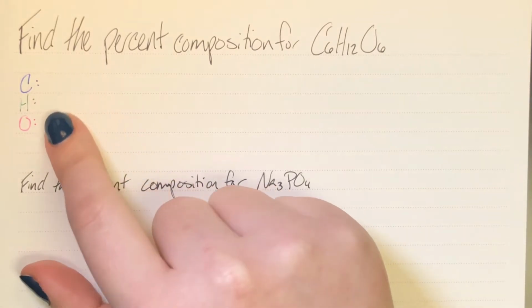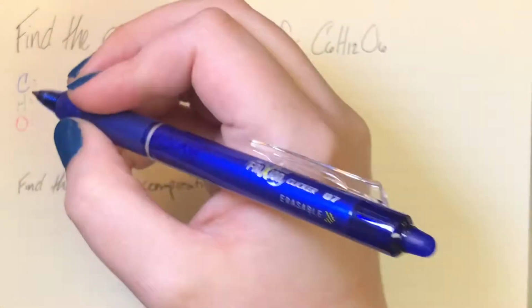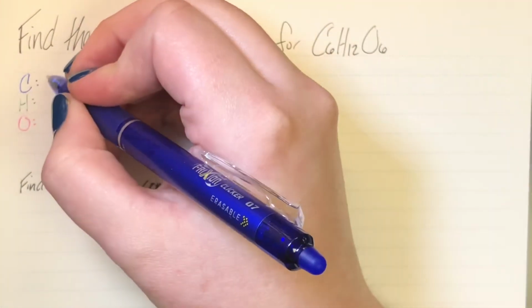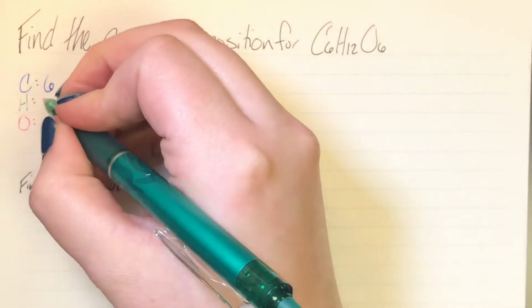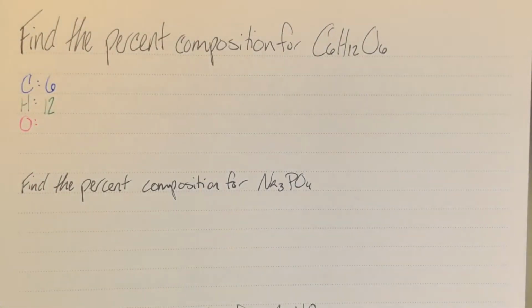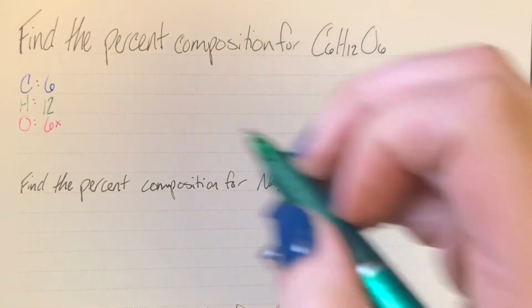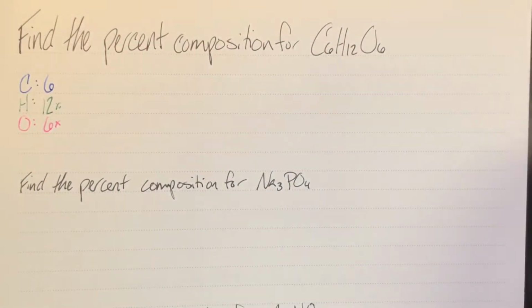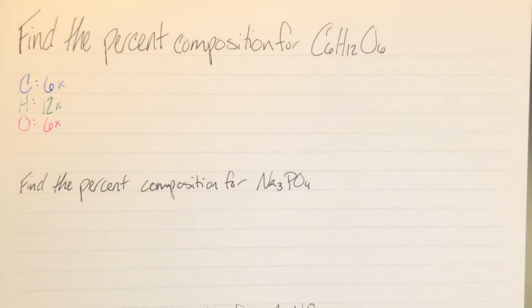So I went ahead and wrote out each element that is present in the actual compound. Then I'm going to steal their subscripts and write those as well. And then I will be multiplying their subscripts by their mass from the periodic table, and adding that up.